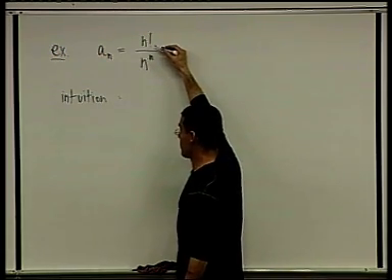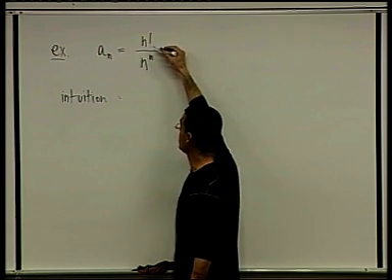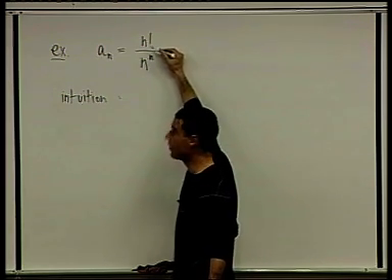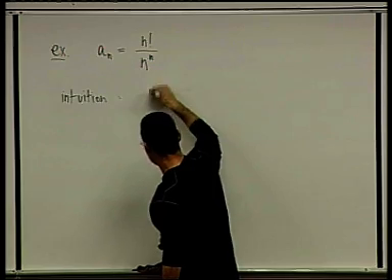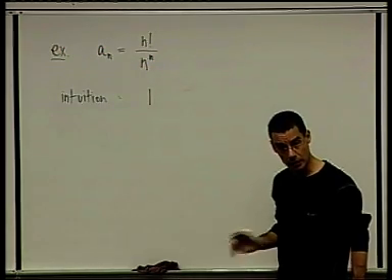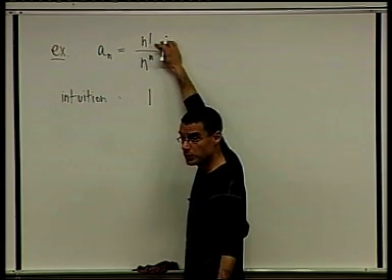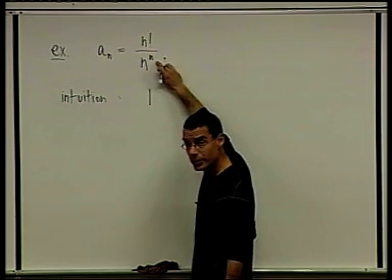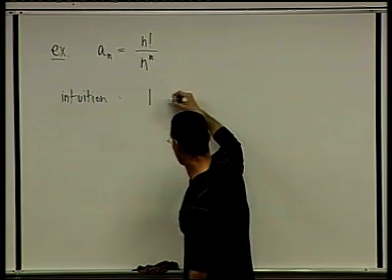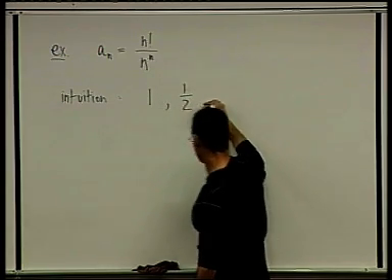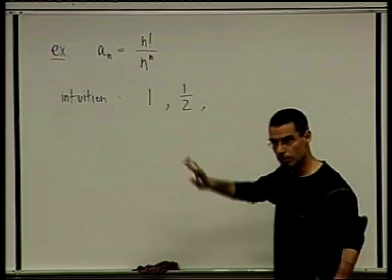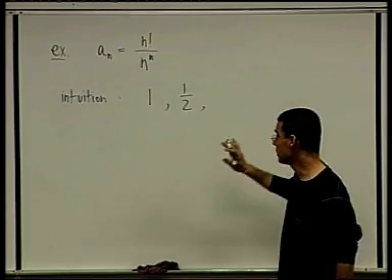So for n equals 1, that's the first element. It's 1 factorial, which is 1, divided by 1 to the power 1. It's just 1. What about 2? 2 factorial is 2 times 1. It's 2, divided by 2 squared. So 2 divided by 4, it's 1/2. Let me know if I'm losing anybody. You should be able to follow this.